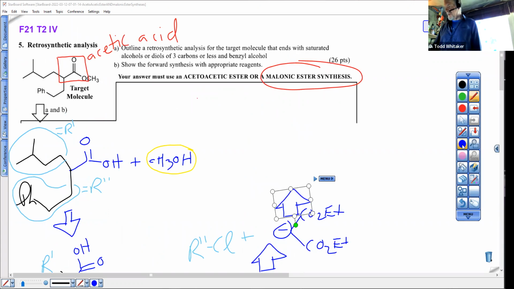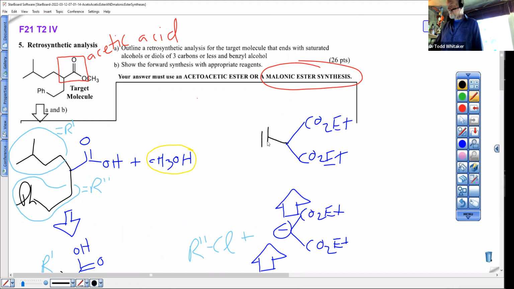Comes from its conjugate acid, with this easily accessible hydrogen with a pKa of 10. And where does that come from? Well, malonic esters come from malonic acid, as do all esters come from their parent acid.